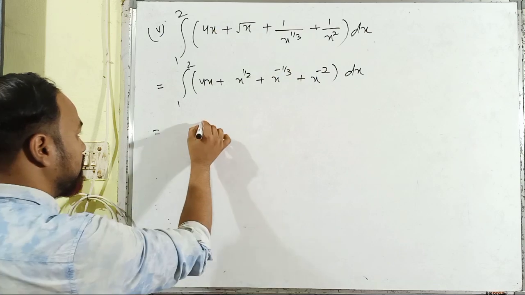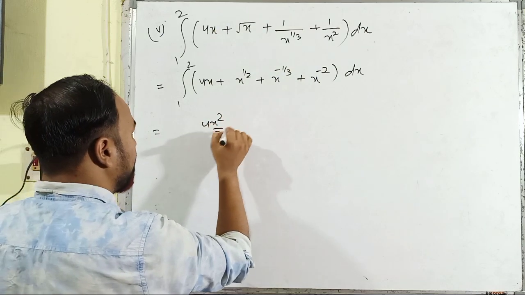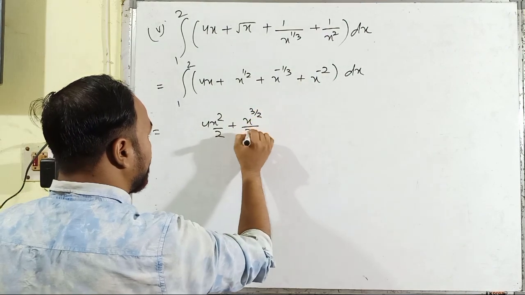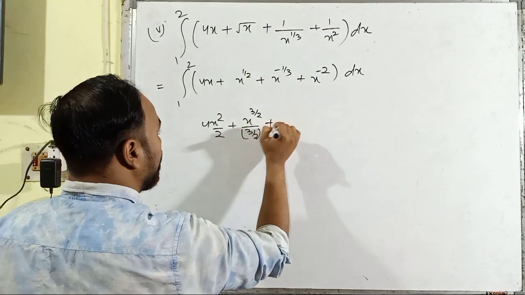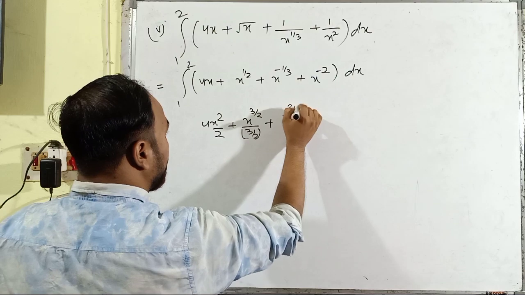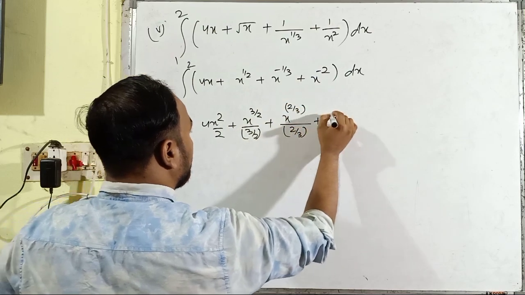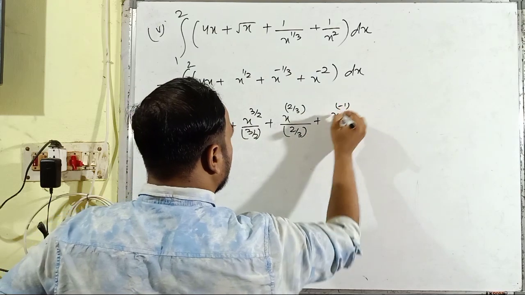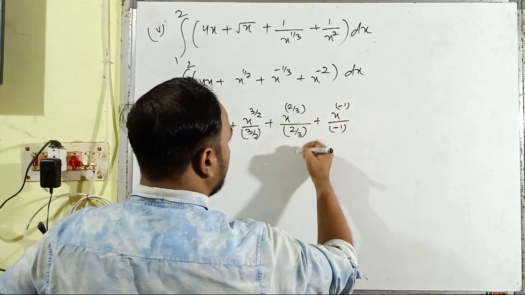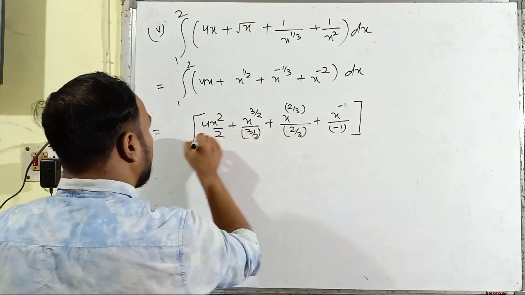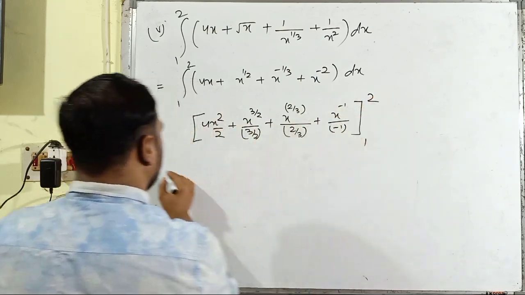Okay, now this is 4x square divided by 2 plus x to the power 3 by 2 divided by 3 by 2, plus x to the power 2 by 3 divided by 2 by 3, plus x to the power minus 1 divided by minus 1, from 1 up to 2.